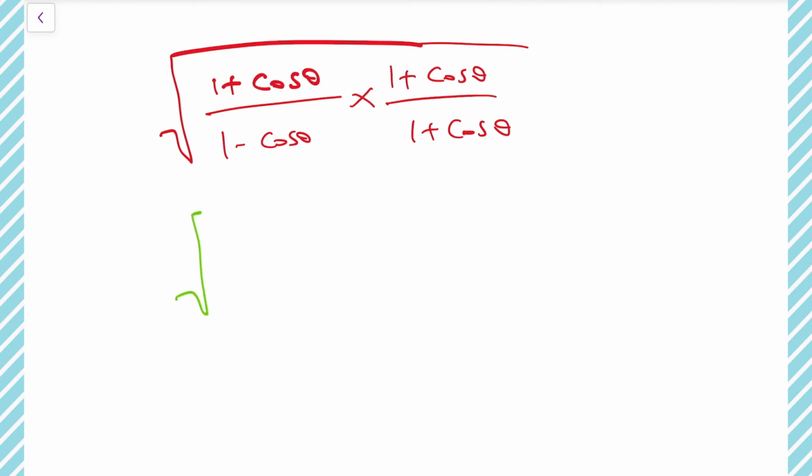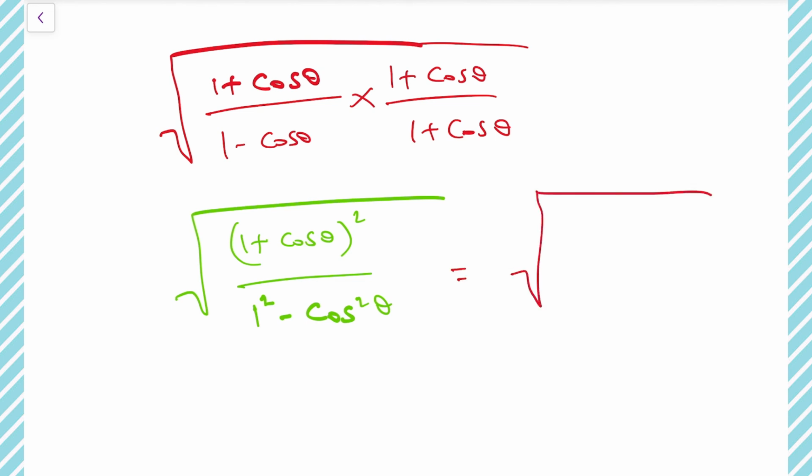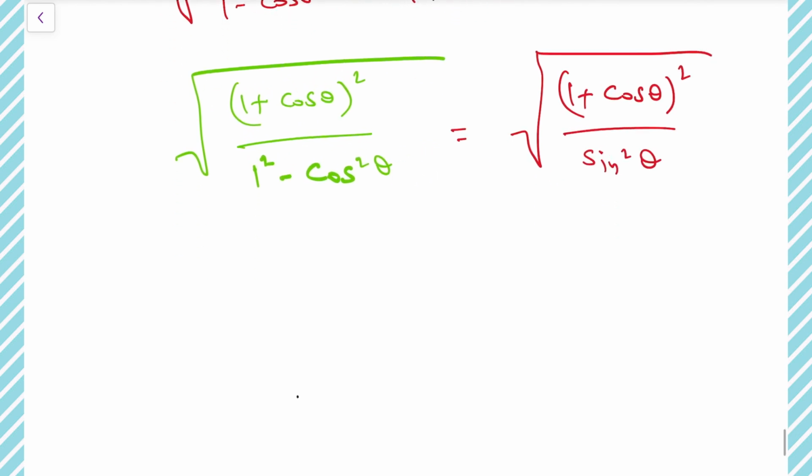Under root 1 plus cos theta into 1 plus cos theta, that is 1 plus cos theta whole square, by 1 minus cos theta into 1 plus cos theta, 1 square minus cos square theta, that is the a plus b into a minus b formula. That equals under root 1 plus cos theta whole square by 1 minus cos square theta, which is sin square theta. Now if we observe this clearly, for the numerator we have a square, for the denominator also we have a square.